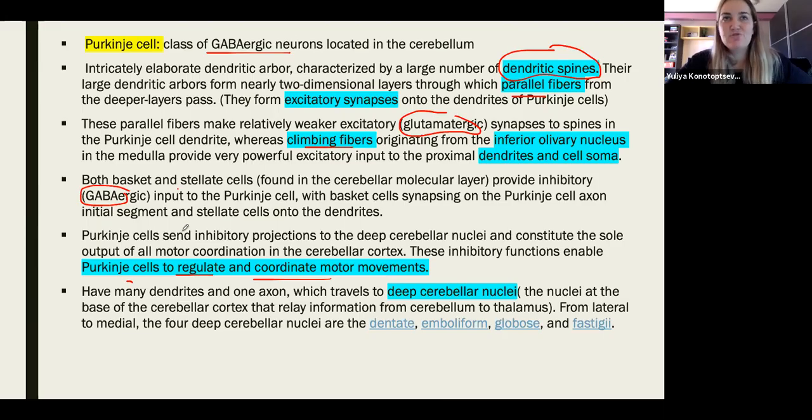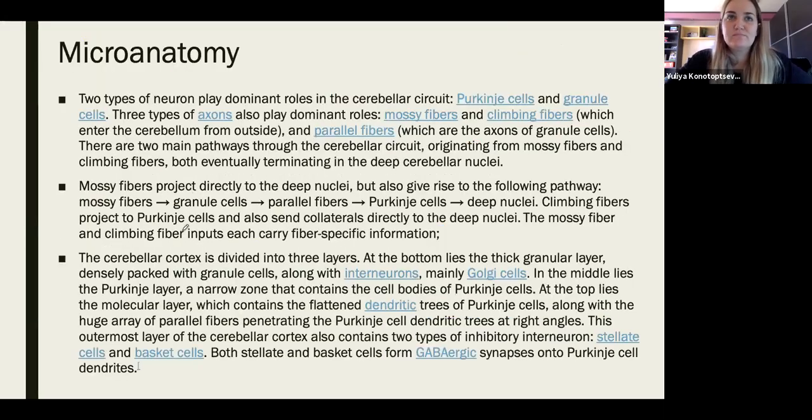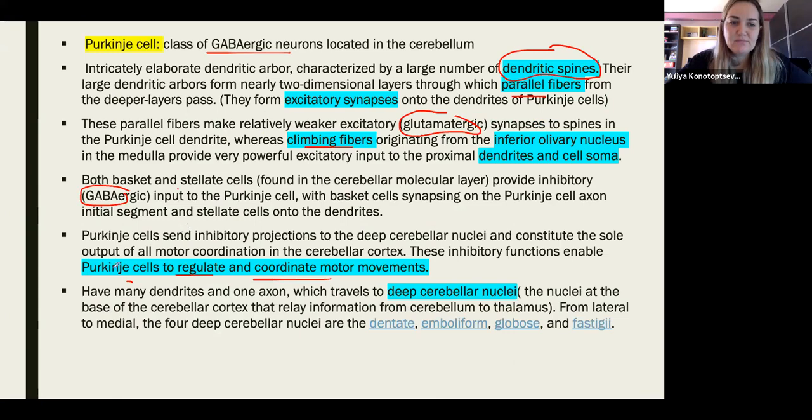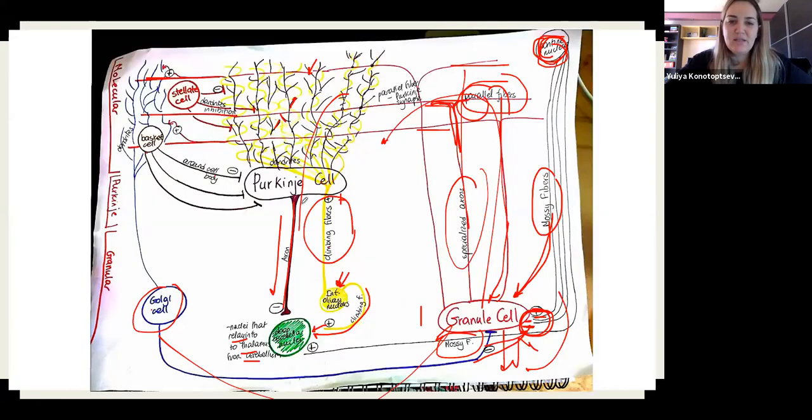I just want to add an additional sentence to make it a bit more clear. How exactly does Purkinje cell inhibit? You have to understand that Purkinje cell is the only cell that can inhibit the deep cerebellar nucleus. Do you see the rest of them excite? It's the only cell that can inhibit. So try to understand it this way.